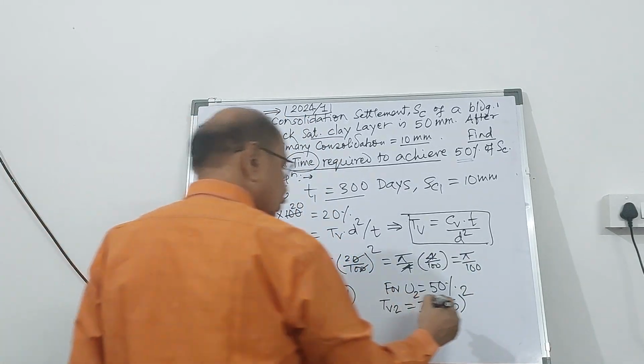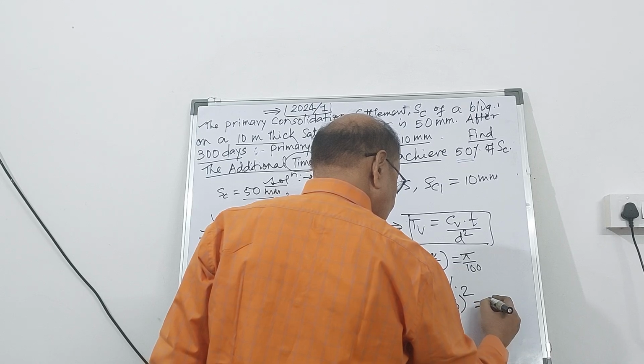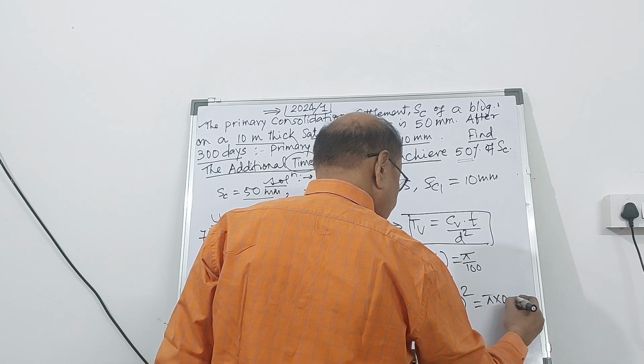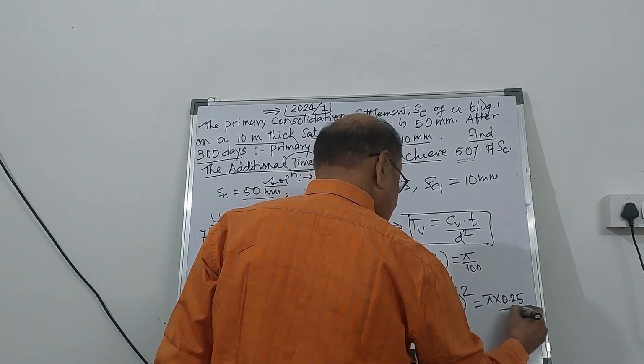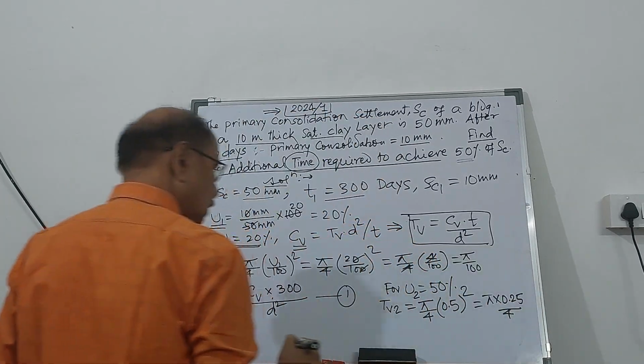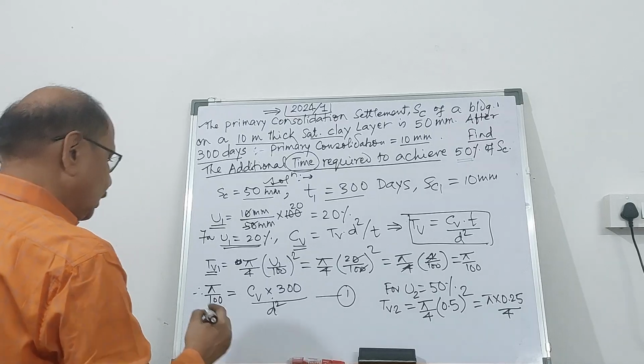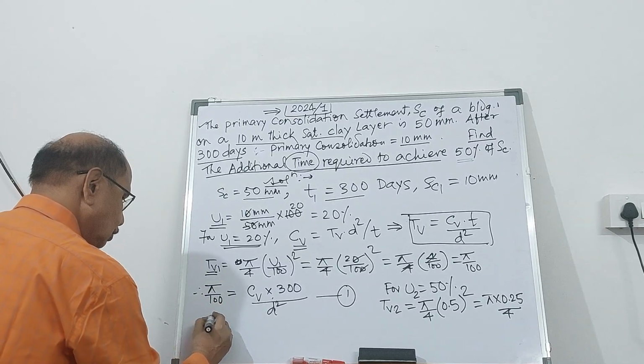So this becomes pi into 0.25 divided by 4.